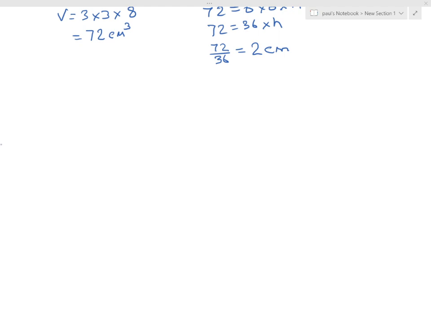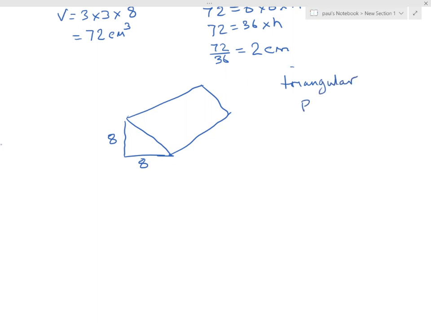We went on to triangles. So we've got the triangle, and we'll have 8, 8, and we'll make this into a triangular prism. Okay, and we'll call that 20, and everything is in centimeters.